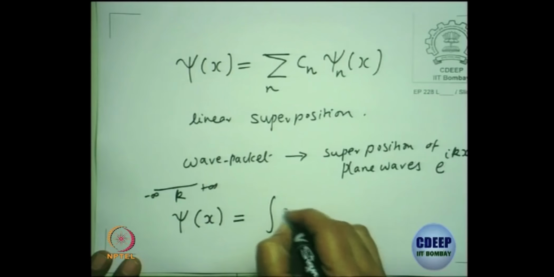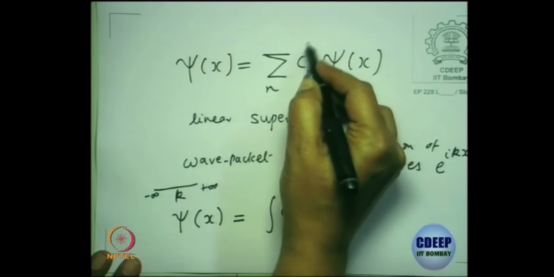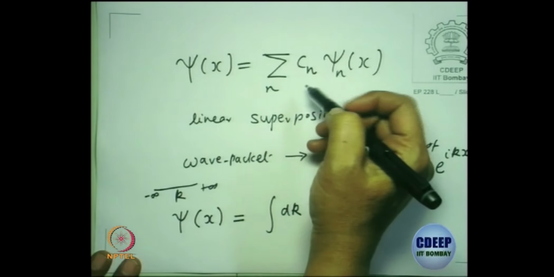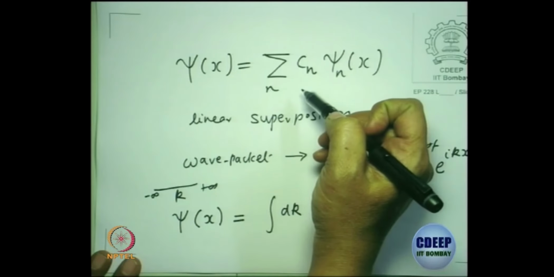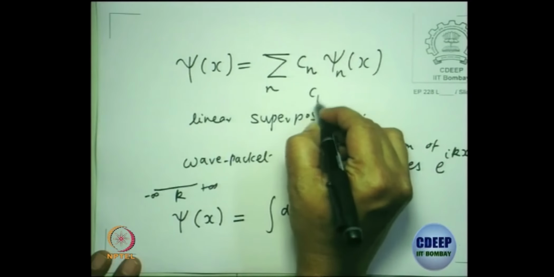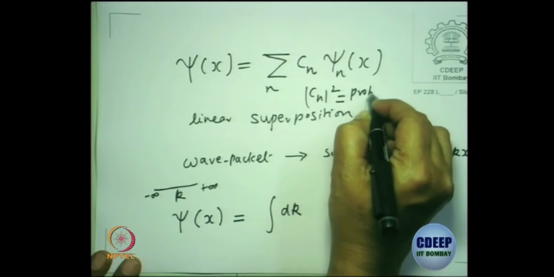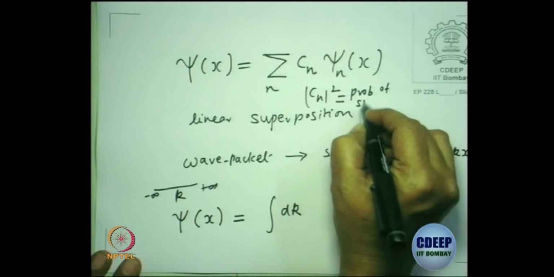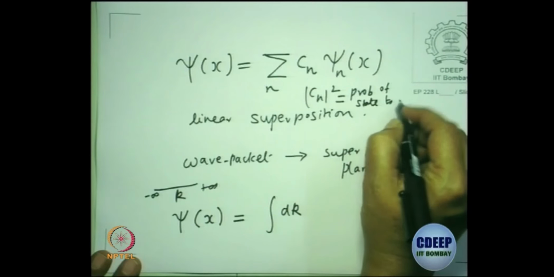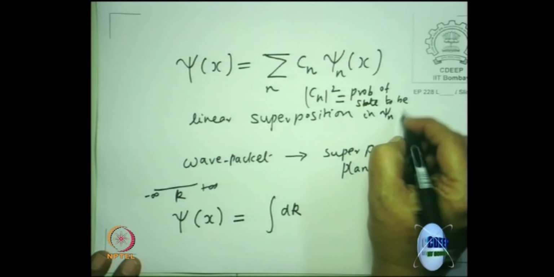Integral dk, just like you have a probability amplitude for an arbitrary state, you know what Cn is, right? Mod Cn squared is the probability of the state to be in psi n, or have that energy.